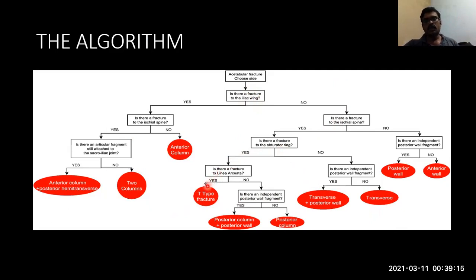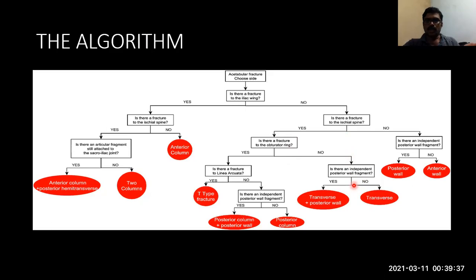If there is no involvement of the linea arcuata, it can be a posterior column or a posterior column with a posterior wall, depending upon the presence of the posterior wall fracture.